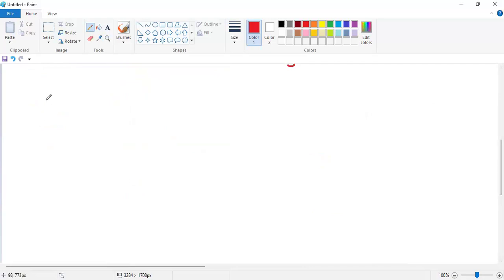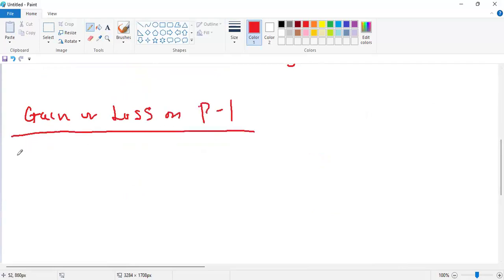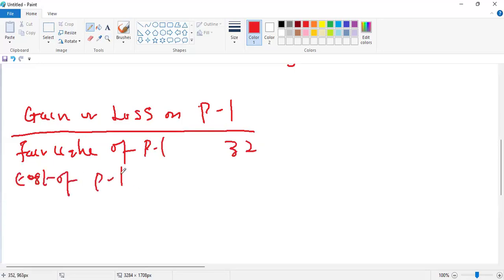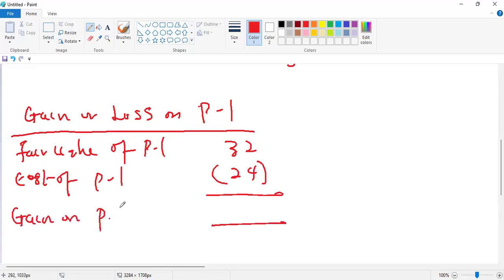Does it make a gain or loss on previous investments? Because I need to recognize the previous investment. Fair value of previous investments, 32. The cost of previous investments, 24. Gain on previous investment, 8.